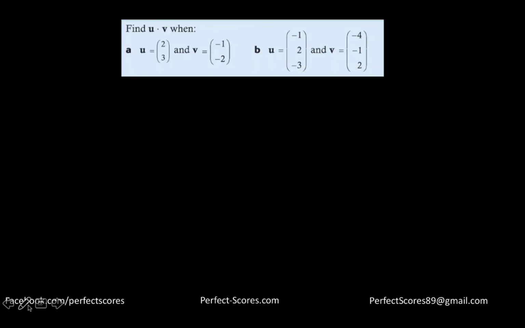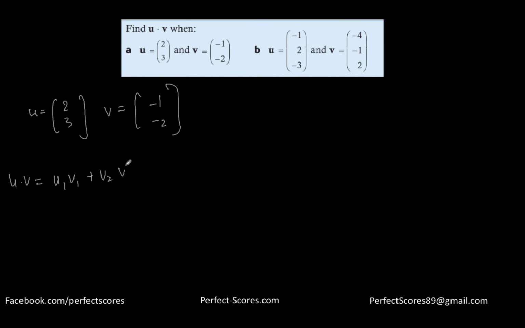So let's go ahead and solve a question on this, guys. This question says find u dot v when u is equal to 2 and 3 and v is equal to -1 and -2. Well, u dot v would simply be equal to u1 v1 plus u2 v2. That is going to be 2 into -1 plus 3 into -2, which is -2 and -6, which is -8.